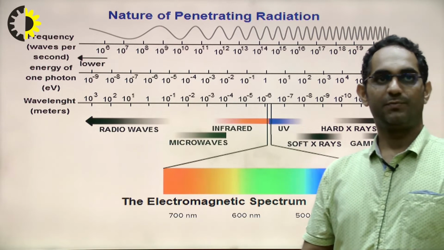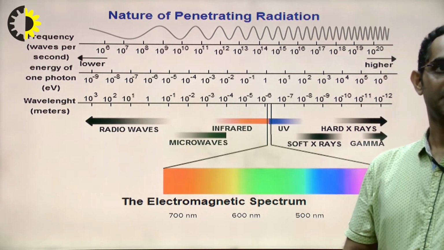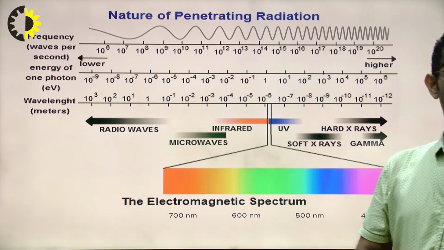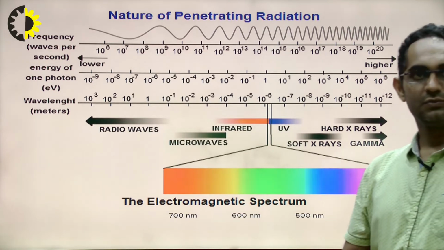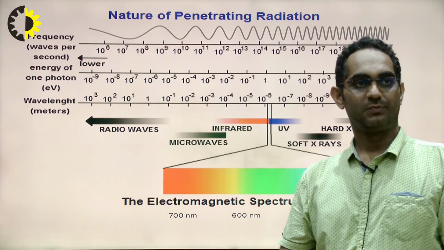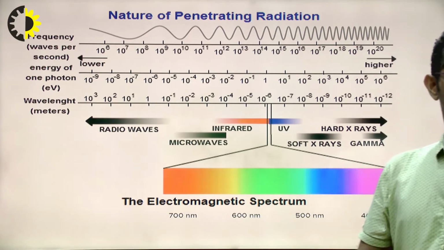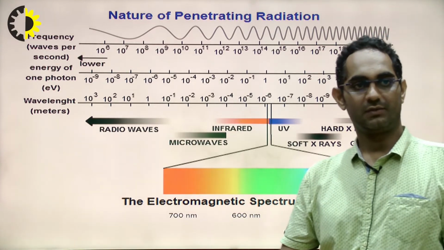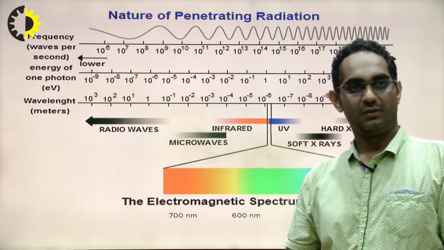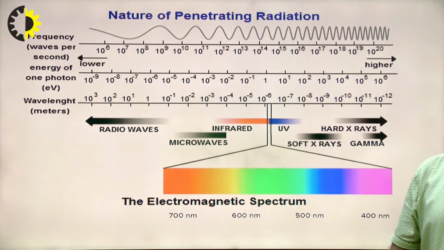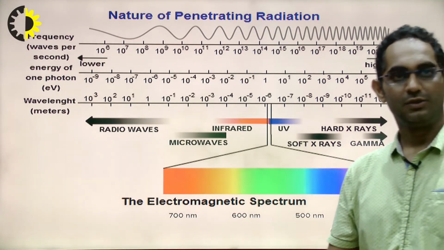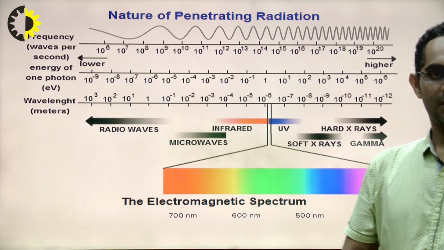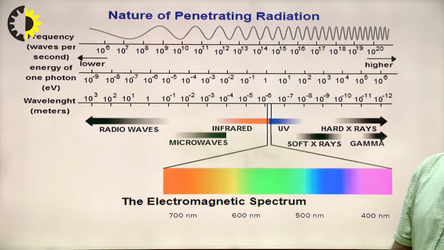Now, this is the nature of penetrating radiation, the frequency in waves per second, and the energy of one photon in electron volts. And this is the electromagnetic spectrum, from 700 nanometers to 400 nanometers.